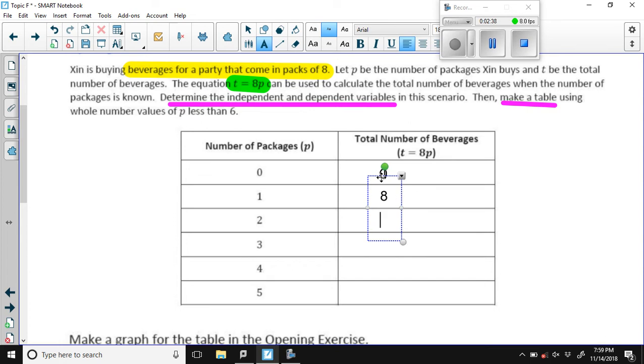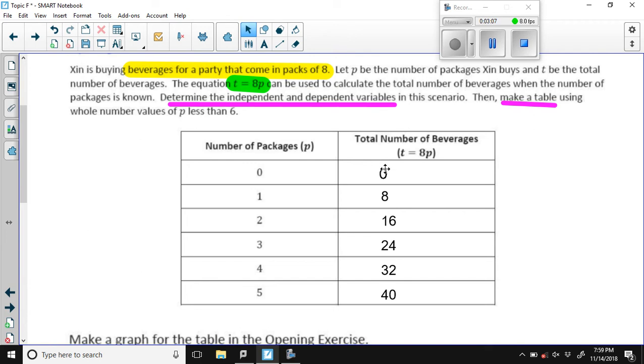If I have 2 packages, well, 8 plus 8, and that is 16. 3 packages, 8 plus 8 plus 8, or 8 times 3, 24. The pattern is going to continue until we reach 5 packages.